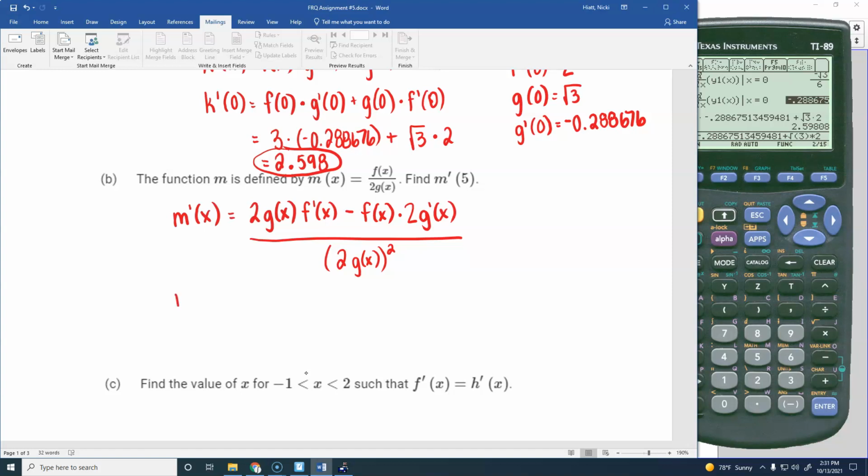And so this time we're plugging in 5 for everything. And over here on the side, I need to know f of 5, g of 5, f prime of 5, and g prime of 5.